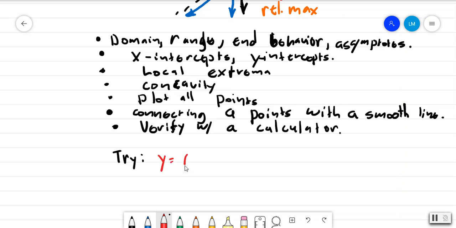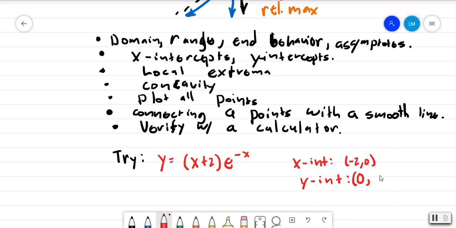Try y equals x plus 2 multiplied by e to the negative x and see what you get. I can give you a small hint. The x-intercept is negative 2 comma 0, and the y-intercept is 0 comma 2.